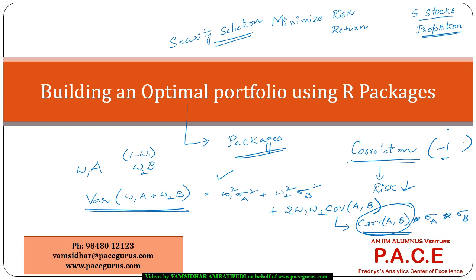We'll first quickly understand the conceptual aspect of it and then put the same into the R model. For this I would like to get started with the mean variance framework or model, whatever you call it, which is typically the Markowitz model.